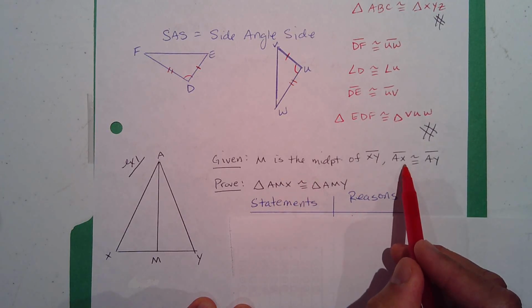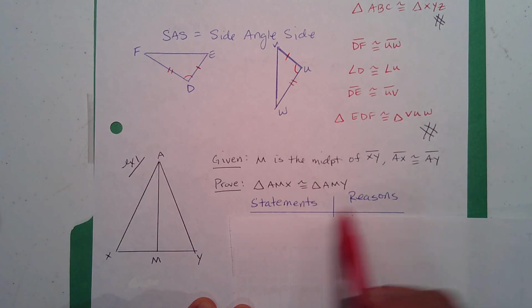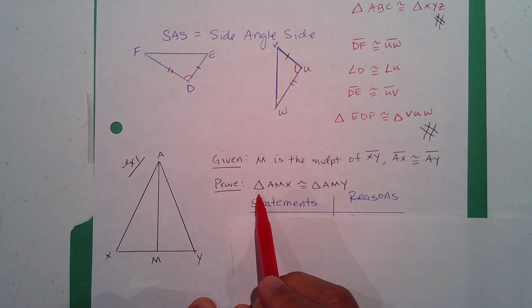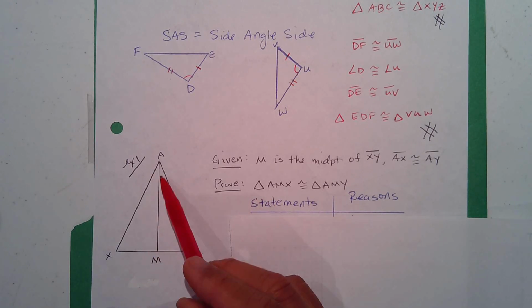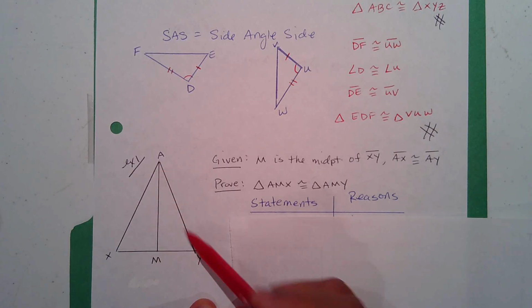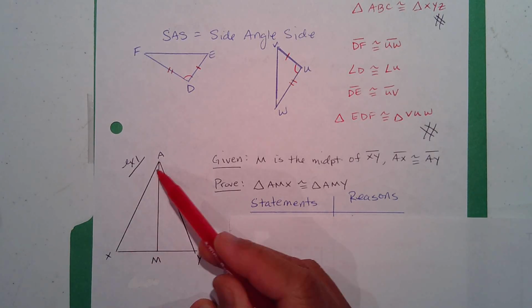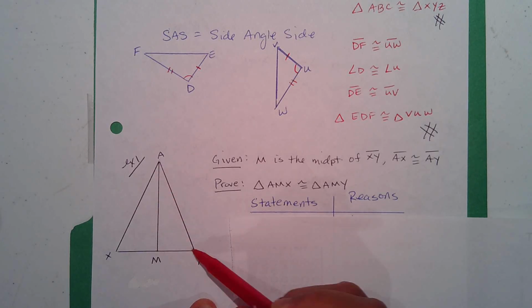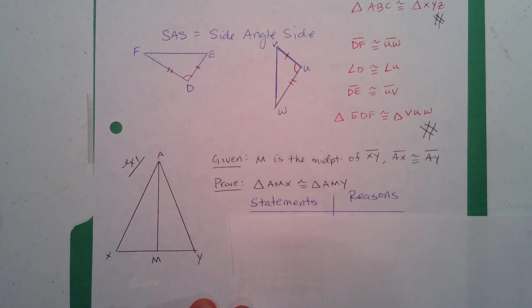They also say that AX is congruent to AY. Prove triangle AMX is congruent to triangle AMY. So this triangle is congruent to this triangle. We have to come up with a two-column proof, statements and reasons.